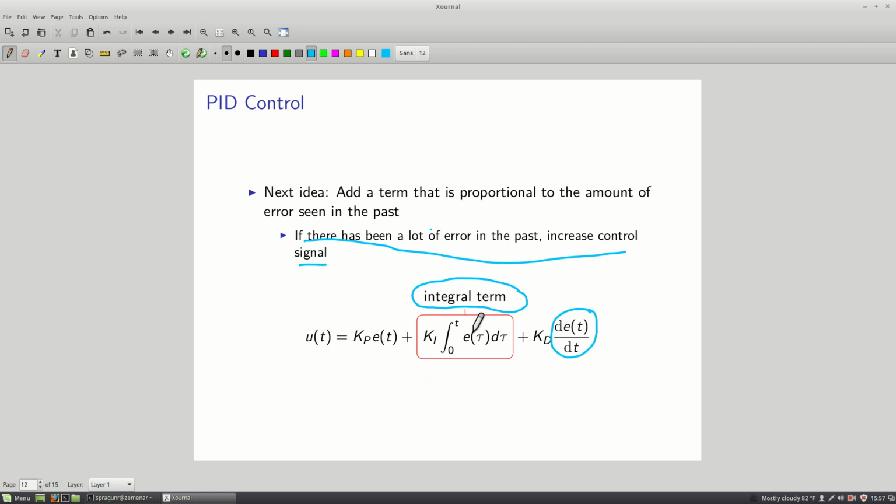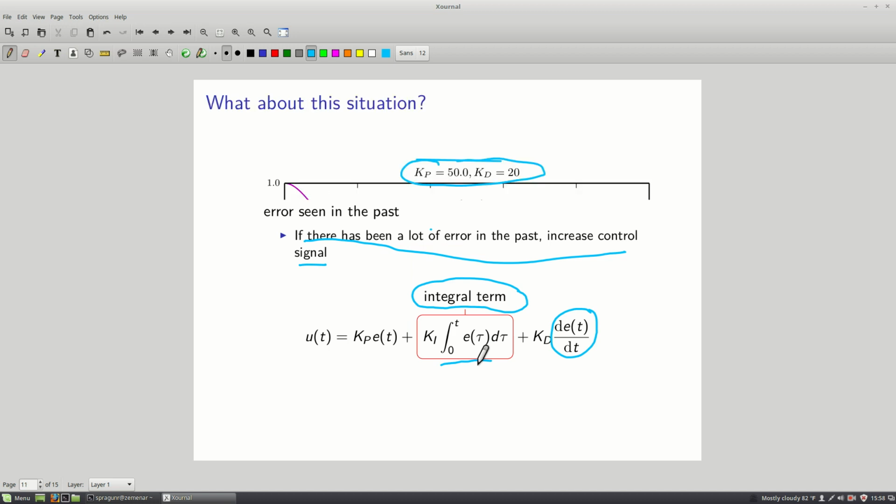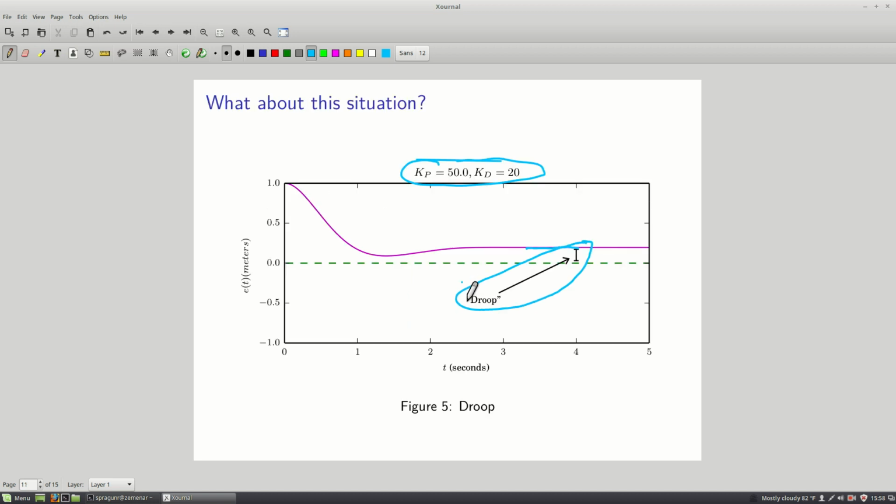And we're going to recognize that by calculating the integral from 0 to the current time of that error signal that we've been seeing. So looking back at this figure, if I'm interested in the value of that integral term at this point, that's going to be the error under this curve from the beginning of time up until that point.